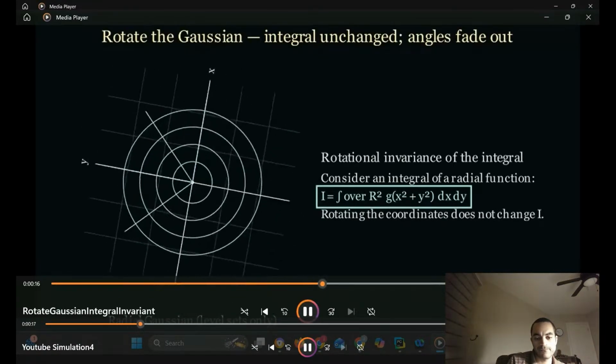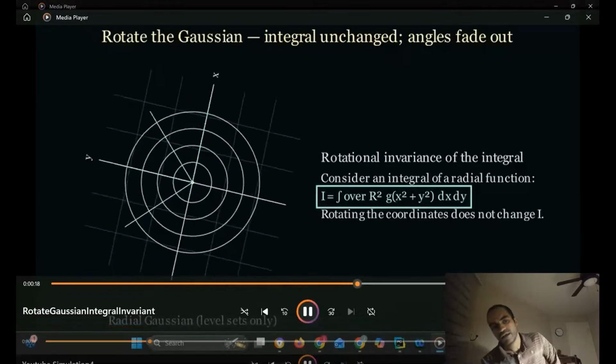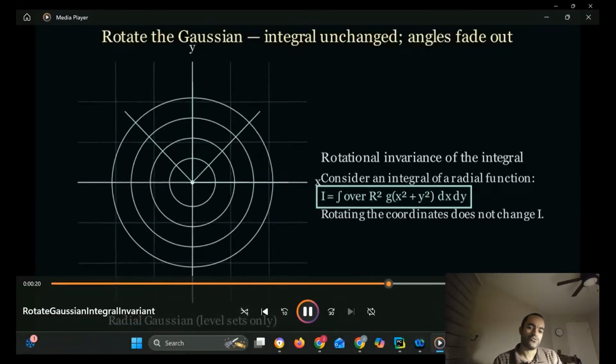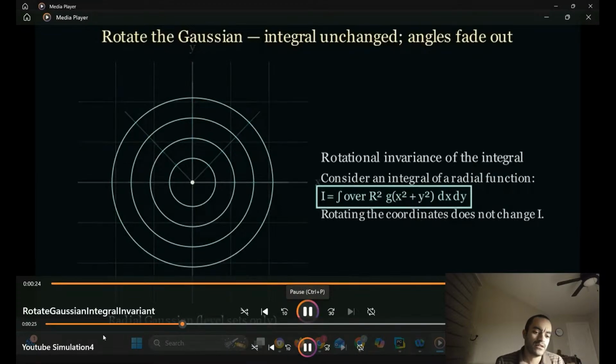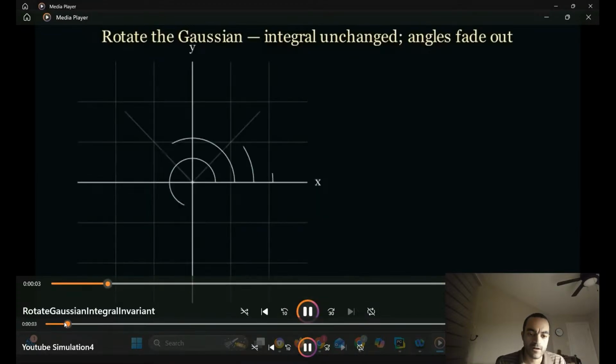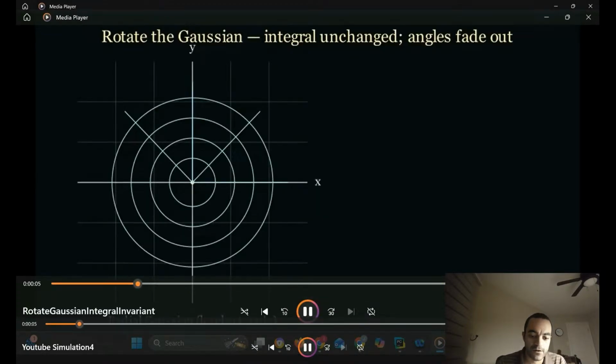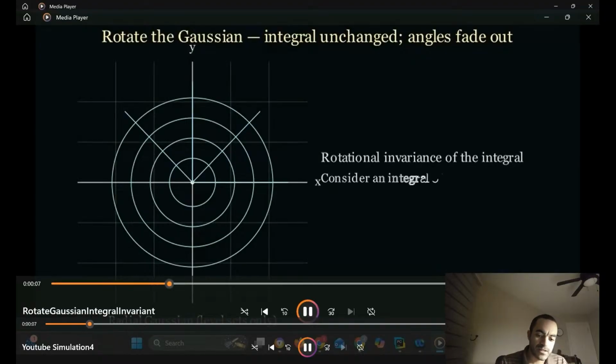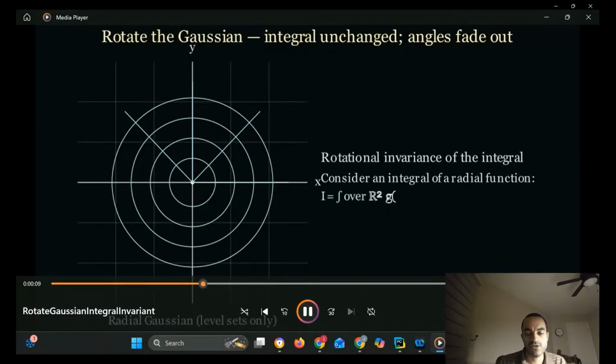Regardless of how I'm rotating the axis, that's what the mathematical model or simulation is showing. Regardless of how I rotate counterclockwise, clockwise, diagonal, doesn't matter how weird I rotate it, that integral will remain invariant.